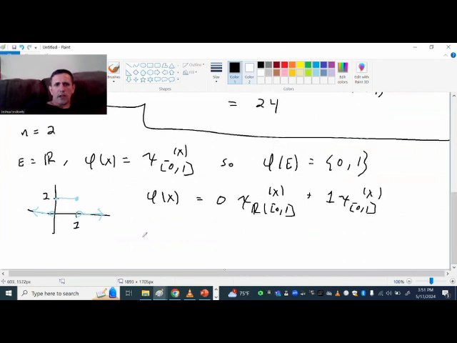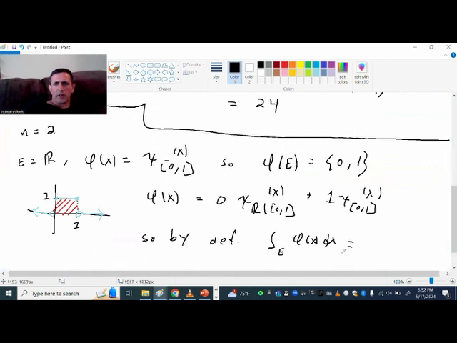So according to this definition, we know what the area should be. It should obviously be 1. It's the area under this square. But according to the definition, what do we have?